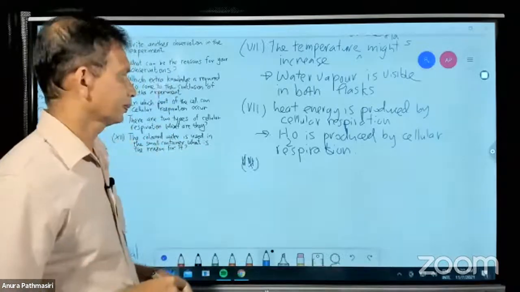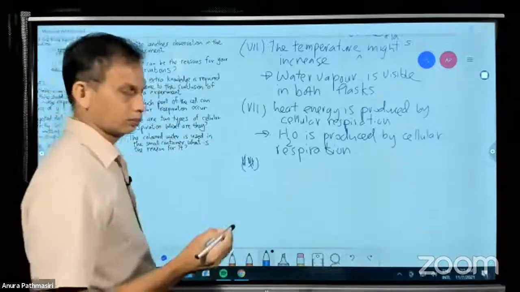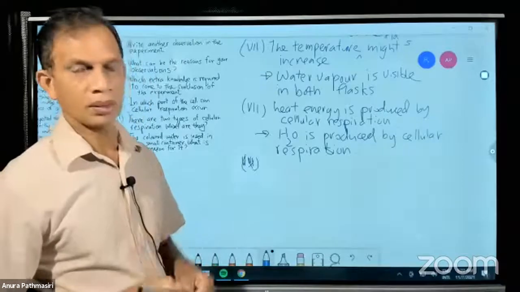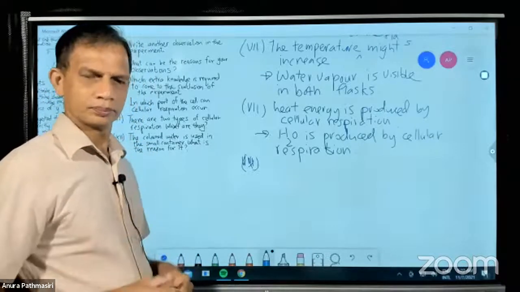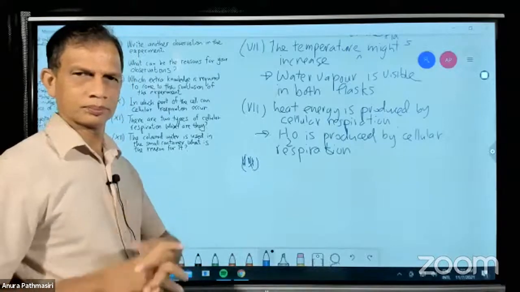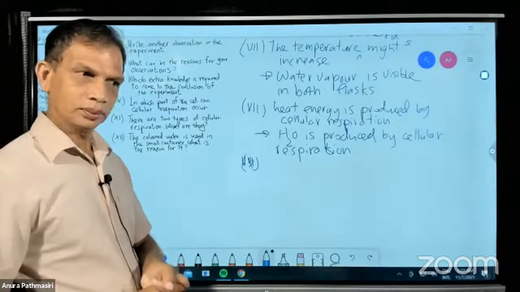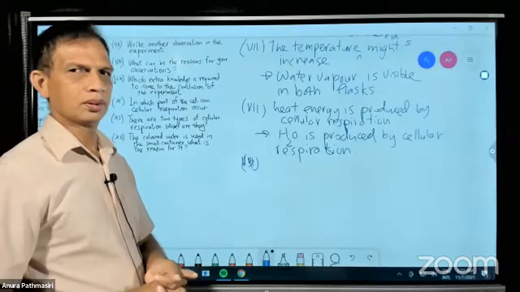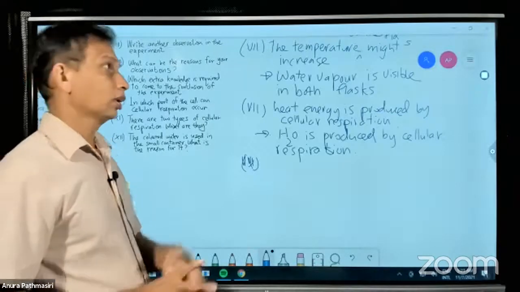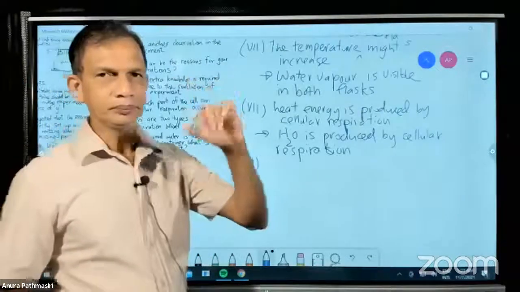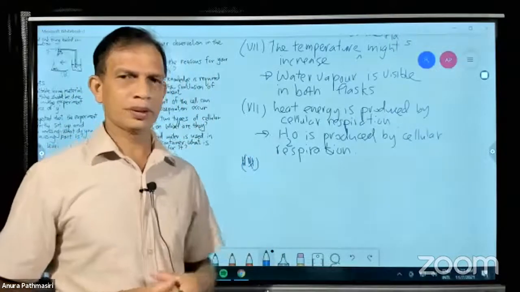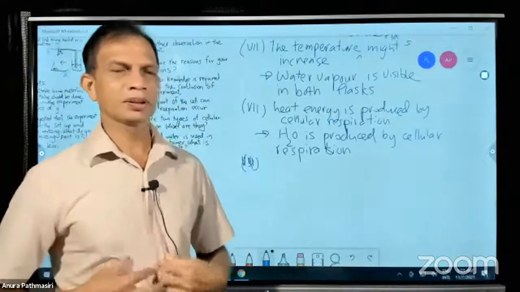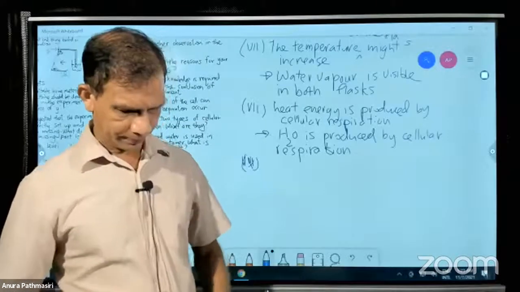What is it? About heat. Now the conclusion that oxygen is required for the cellular respiration, but some extra knowledge is required.